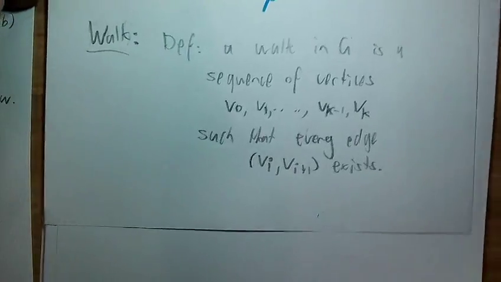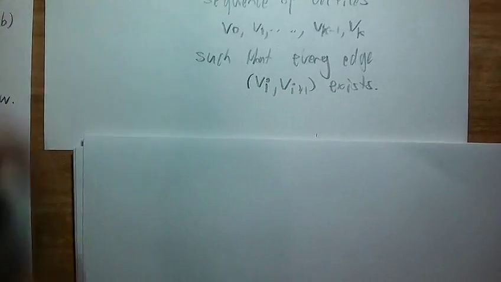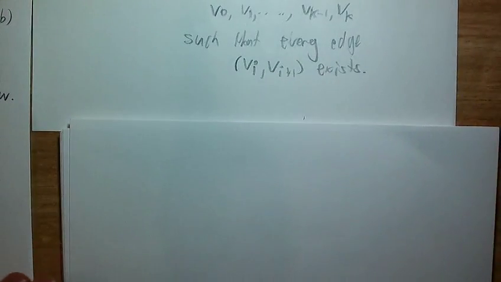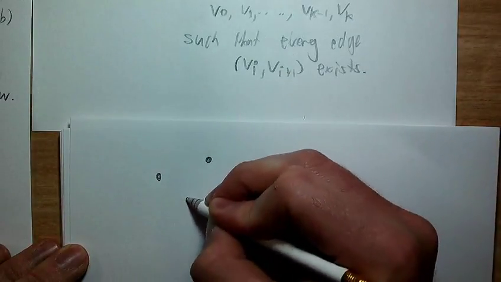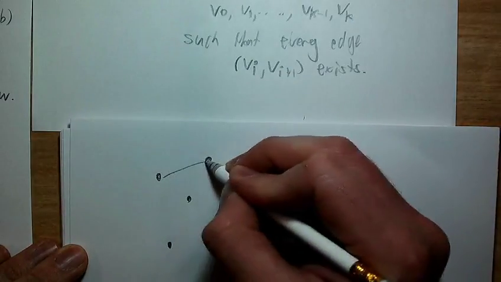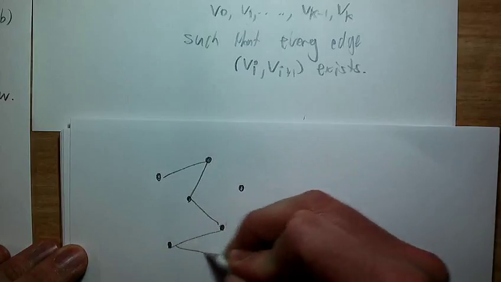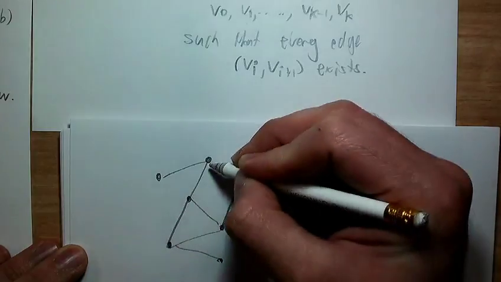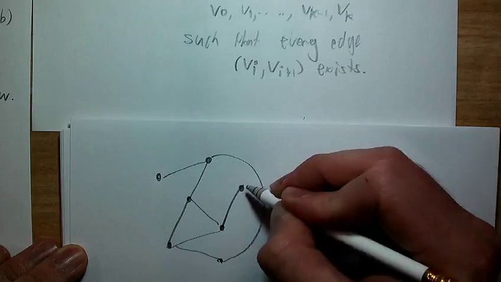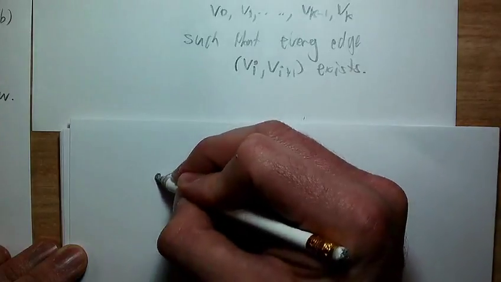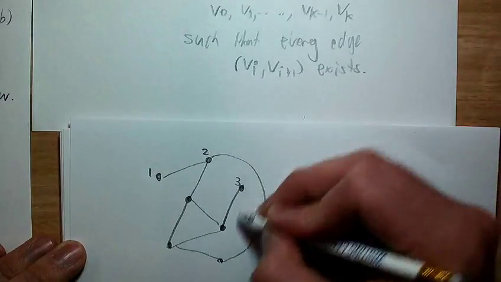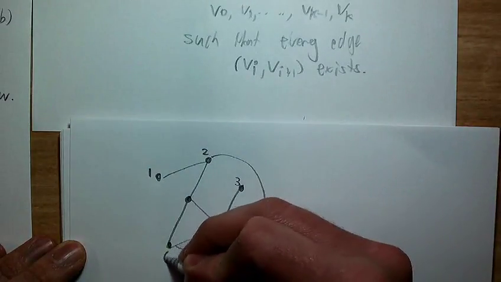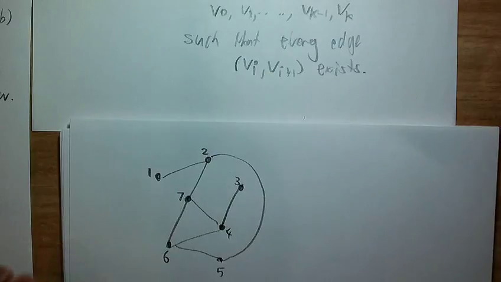Well, it just looks like a way of going all the way around, right? So I have to name the vertices to do this, so you can see what it looks like. So I'll call this vertex 1, vertex 2, vertex 3, vertex 4, vertex 5, vertex 6, vertex 7.